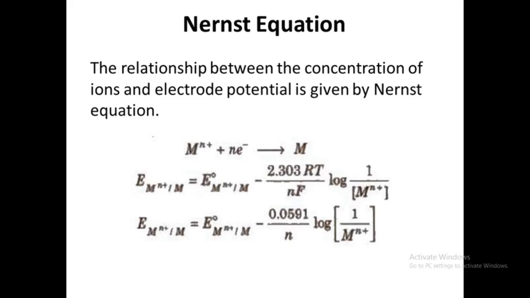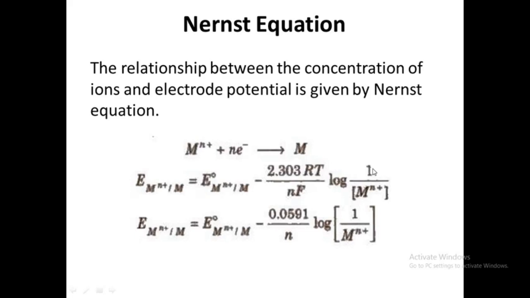So M n+ is reducing to M by gaining n electrons, and for this reduction reaction, according to Nernst, the electrode potential at any concentration, that is E of M n+ /M, is equal to E naught of M n+ /M, where E naught is the standard electrode potential, minus 2.303 RT divided by nF log of the concentration of pure metal divided by the concentration of metal ion.